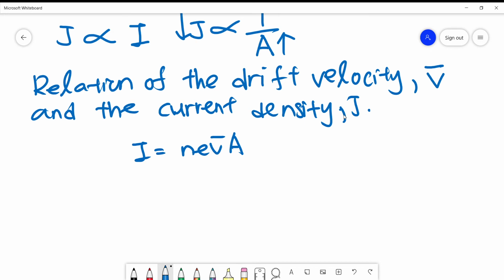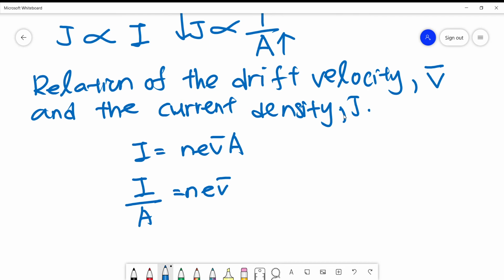From this formula I can find the relation between the current density and the drift velocity. If I move A to the other side, I over A equals nev.